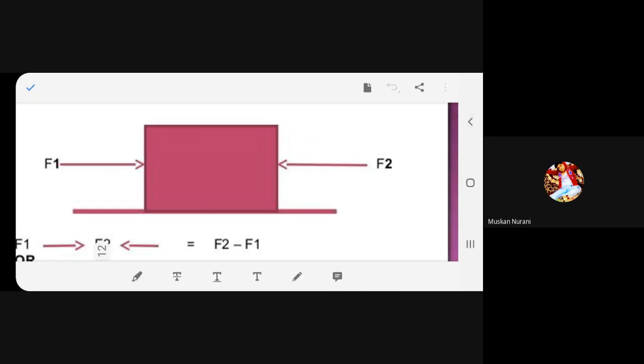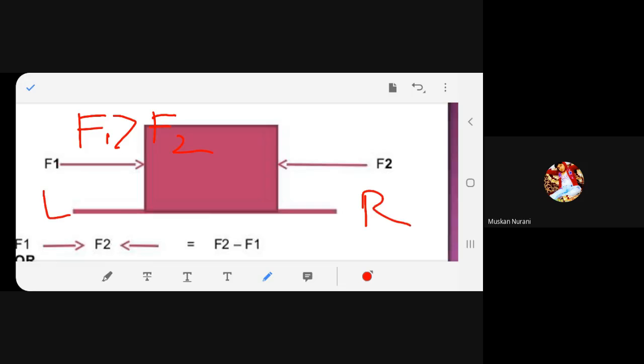Now I'm asking you a question. If F1 is more than F2, where will the body move? Left or right? If F1 is more than F2, will the body push to left or right? Right.